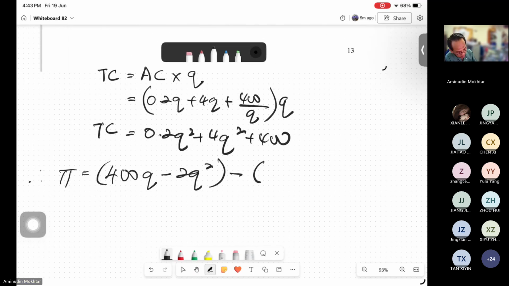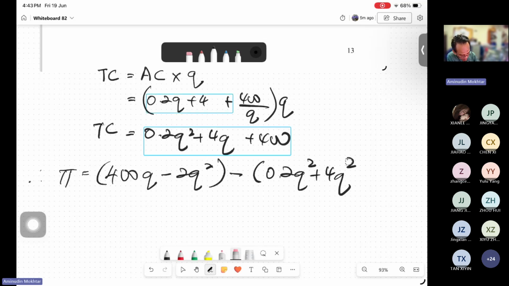TC is 0.2Q squared plus 4Q. Okay, it's not 4Q squared. This is 4Q.